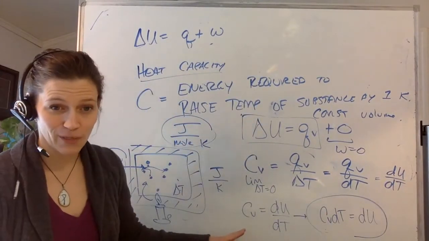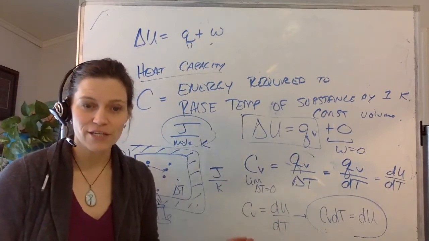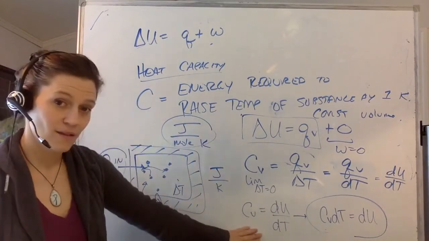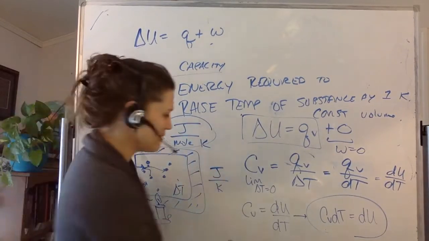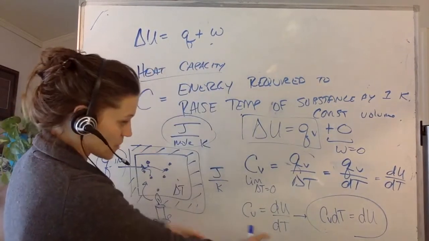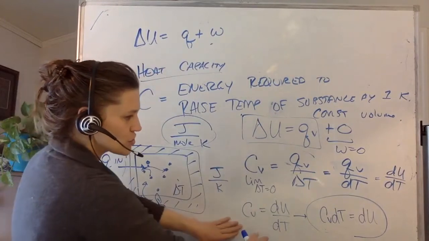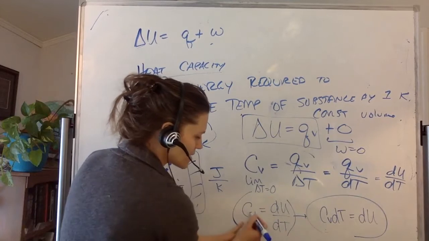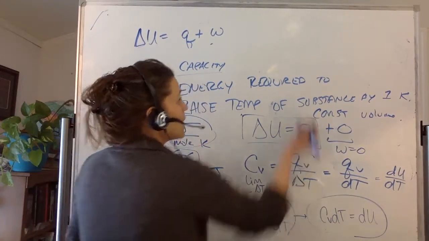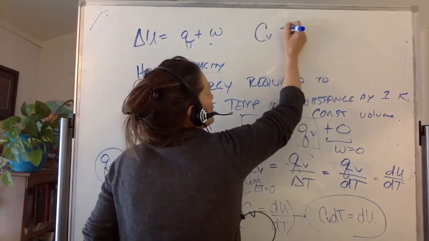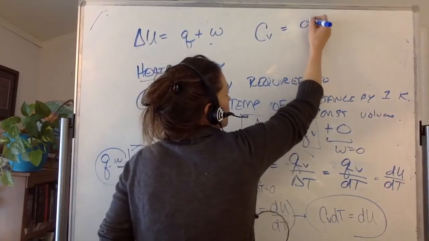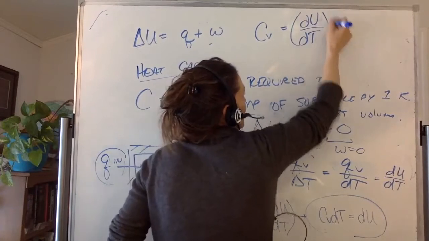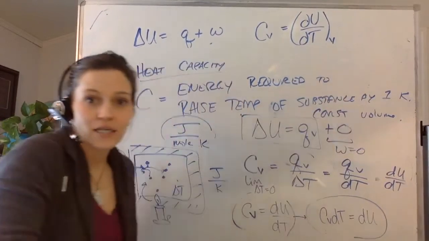That's awesome, because we're going to use this a whole bunch of times. Another thing that's really cool is that contained within this relationship is the definition itself of the heat capacity. All right, you ready to see it? I'm going to move up here because I've run out of space. Going from this and recognizing that this volume is constant, I can say that CV is equal to the partial derivative of U with respect to T at V held constant.